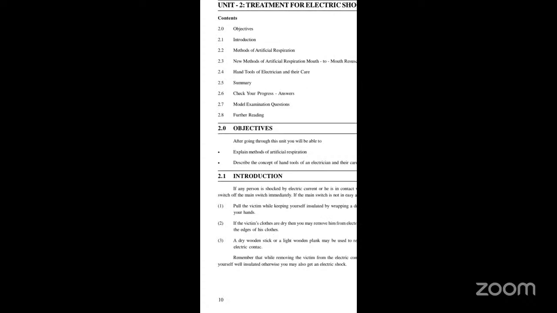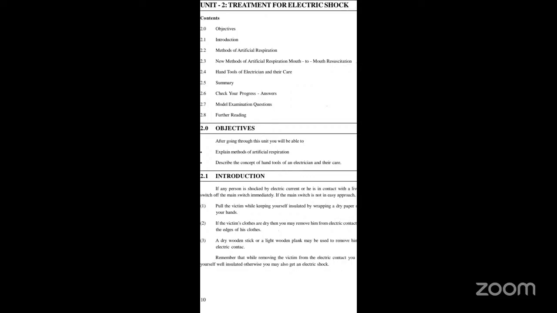Introduction: if any person is shocked, the major objective in this lesson is the methods of artificial respiration and how to give artificial respiration. Now describe the concept of hand tools of an electrician and their care. The basic components an electrician requires, we study in this unit.